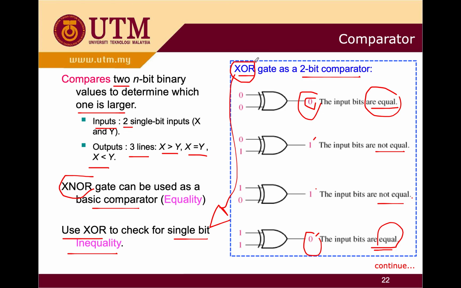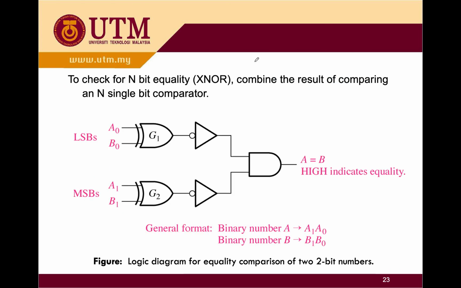This is the scenario for XOR only. And then this one is to check n-bit equality. So you combine the results of comparing n single-bit comparators.